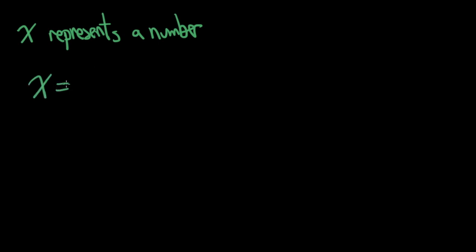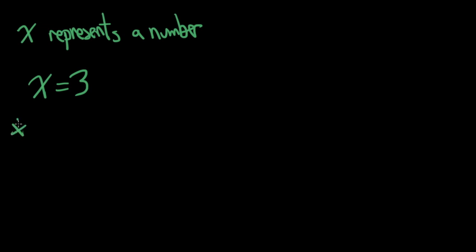I think the easiest way to do this is to talk about algebra in general. So x represents a number, right? That's what we've learned so far. So when you had stuff like x equals 3, well, we now know that x is going to be equal to 3.